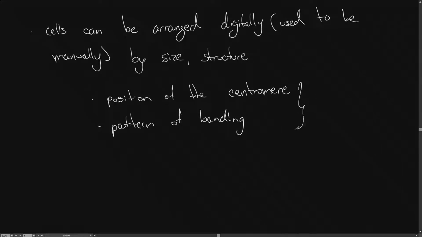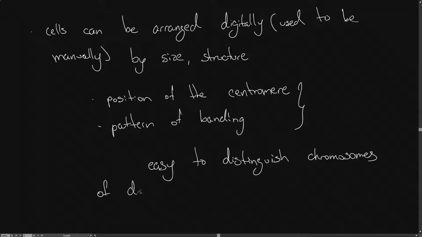And these two points make it easy to distinguish chromosomes of different types even if they are the same size.